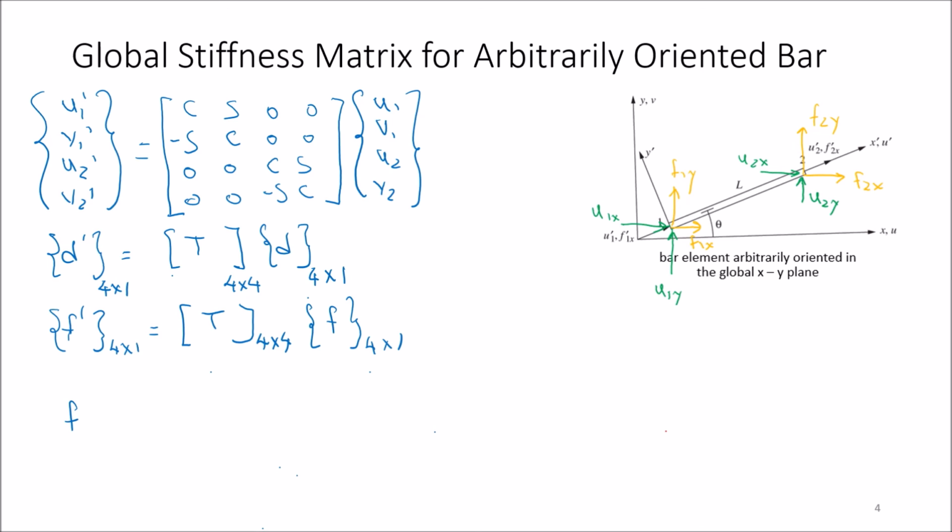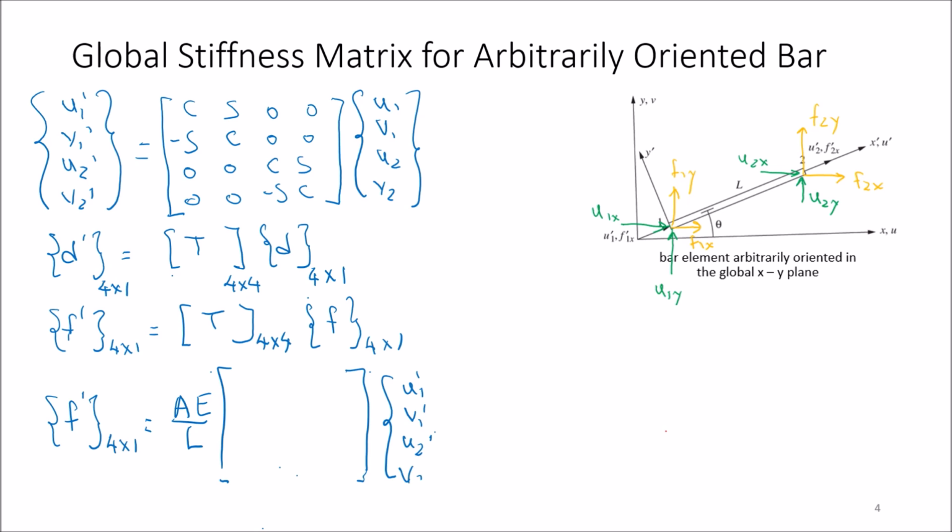So I can write the f prime, a 4 by 1, equal to, and if you recall, our stiffness matrix was AE over L multiplied by, and this is going to be function of the local displacements, where I had u1 prime, v1 prime, u2 prime, v2 prime, the 4 by 1.